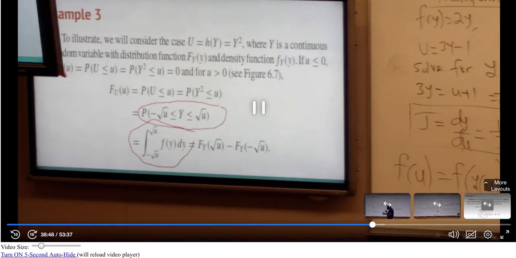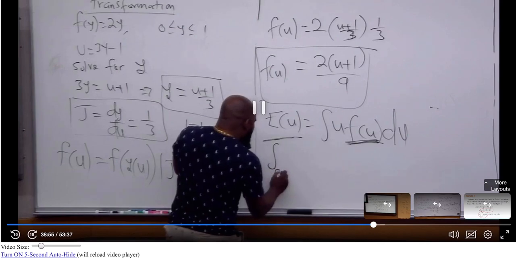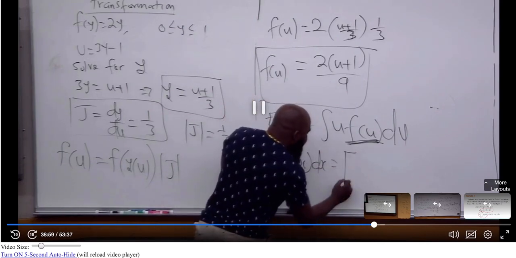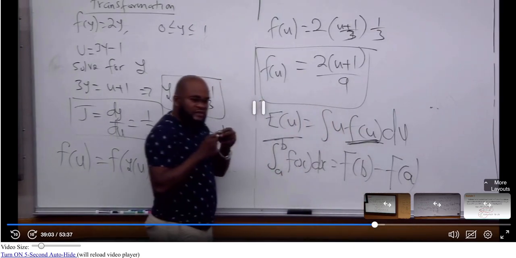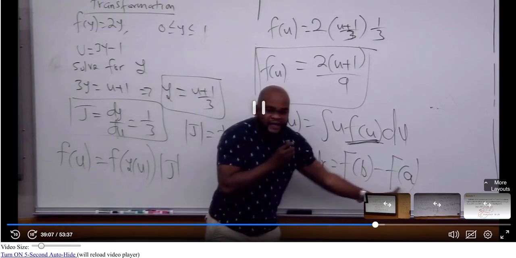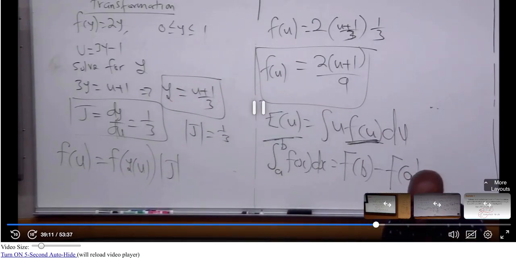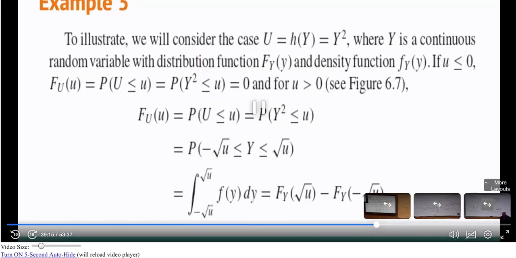And you remember what we did before. I said when you have a to b, the integral of f of s ds is the same thing as F of b minus F of a. This is a lowercase f, but these are uppercase F. That is what is playing out right now here.